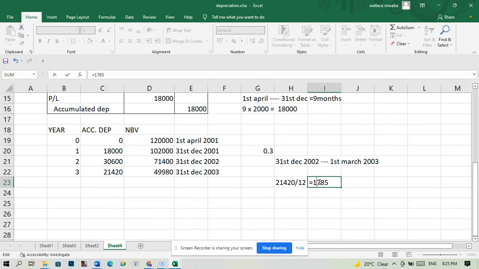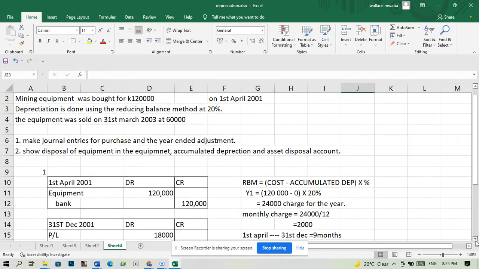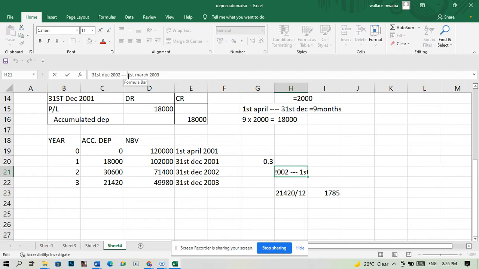Now we've got January, February, 2 months between 31st December and 1st March, but the sale was on 31st March, not 1st March. So we'll have 3 months: January, February, March.